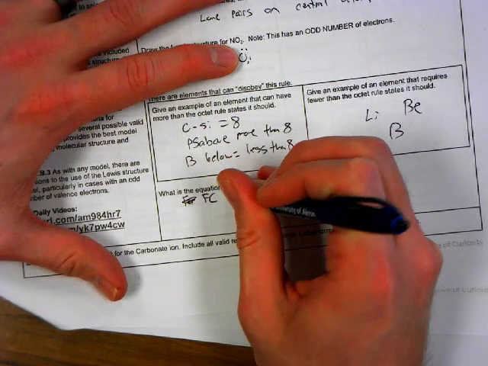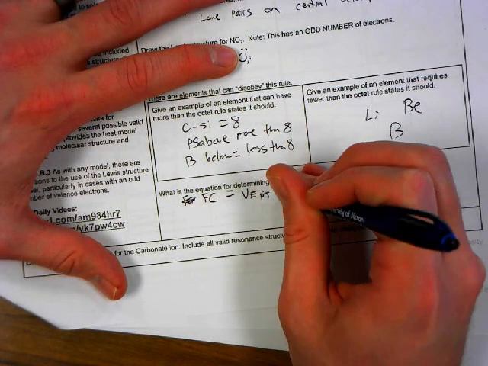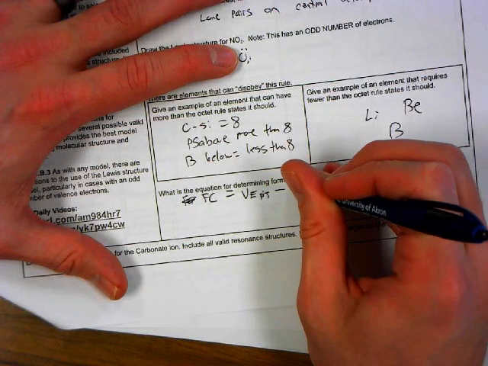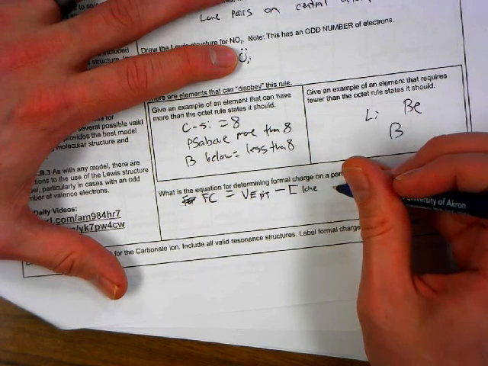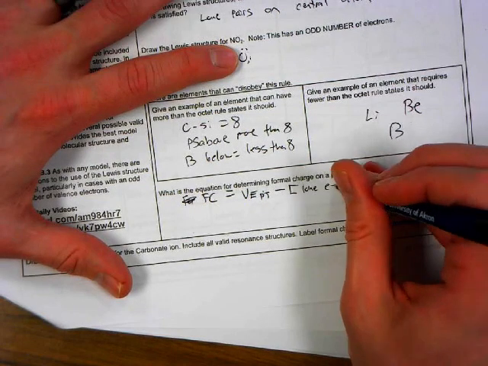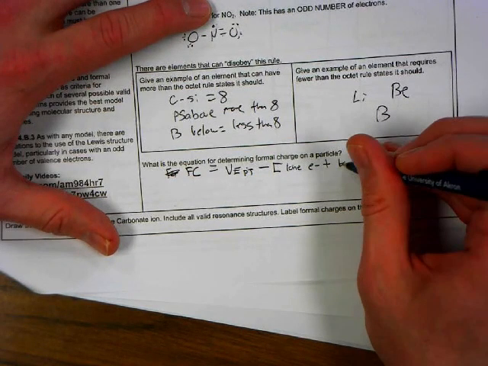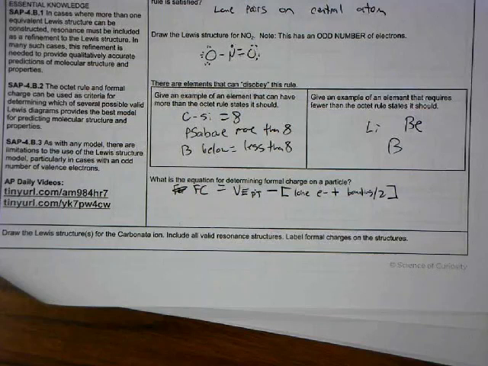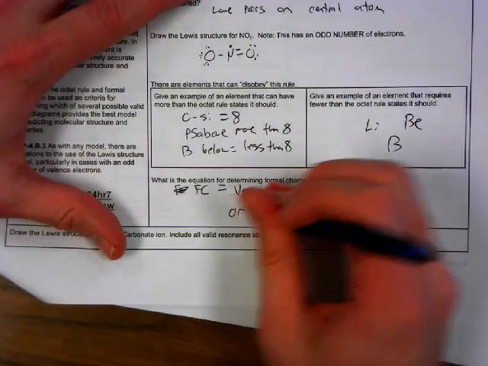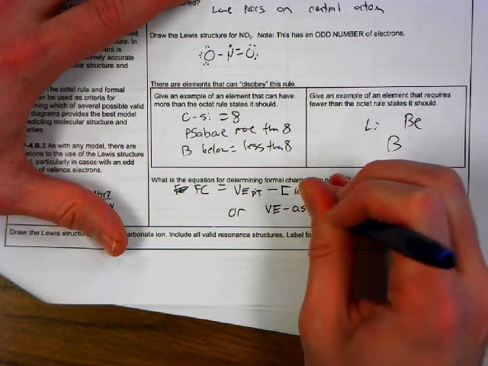What is the equation for determining formal charge on a particle? There are 2 equations. Equation 1, this is the one I taught you. Formal charge equals valence electrons from the periodic table minus, in parentheses, lone electrons plus bonding divided by 2.